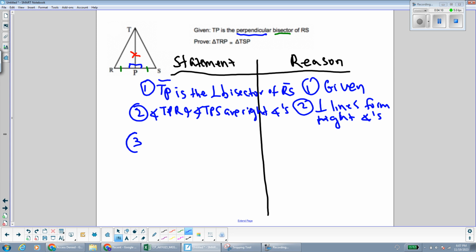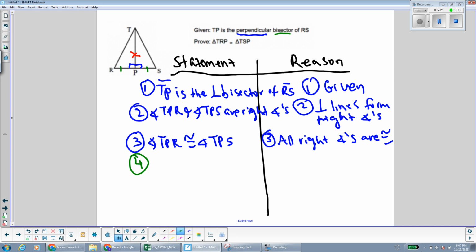After that, we were able to say that angle TPR and angle TPS are congruent to each other because they're both right angles, and all right angles are congruent.